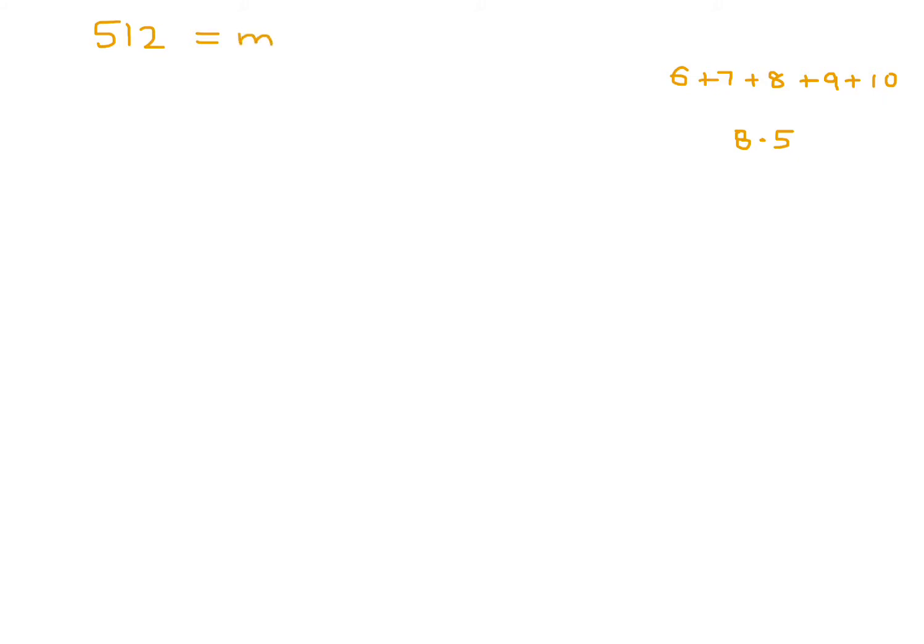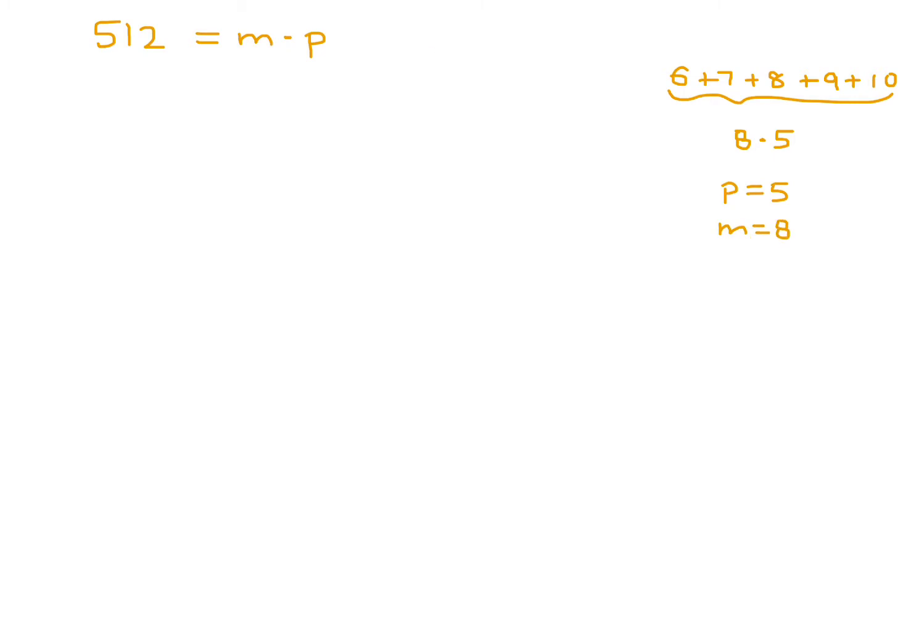So I'll write M as the middle number and P represents how many of those numbers we have. So if this was the case, 512 could be written as MP. And if you recall, in this example, we had 5 numbers. So P in this case was 5, and M in this case, the middle number was 8.